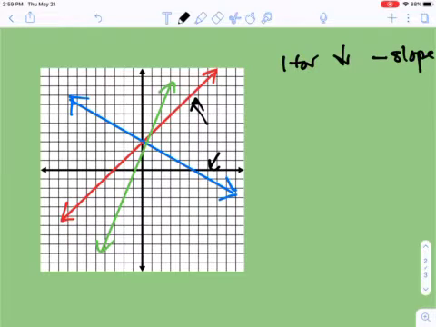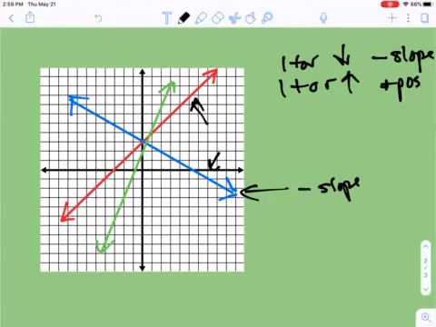If it goes up, you have positive slope. So the blue obviously has a negative slope, and the red would have a positive slope.